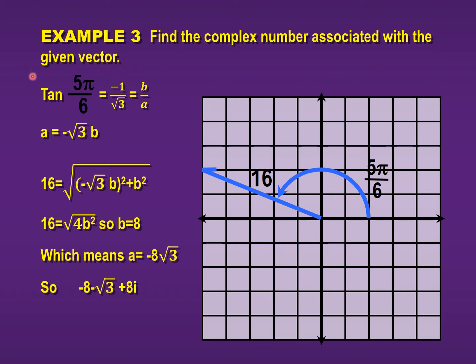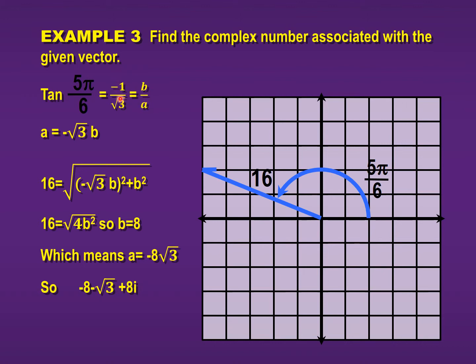So we'll start with the tangent of 5 pi over 6. You can use your trig card if you need to and look up tangent of 5 pi over 6, and that will tell you that it's the same as negative 1 over the square root of 3. And that's equal to b over a, because tangent theta is equal to b over a.